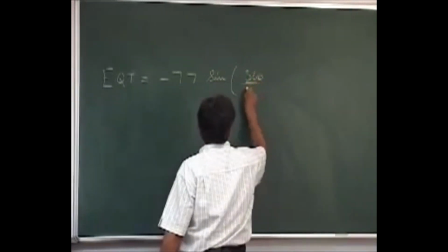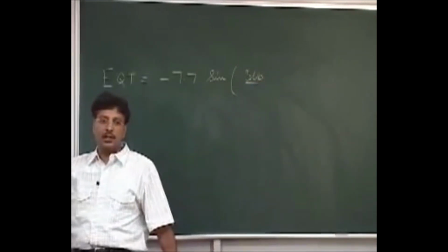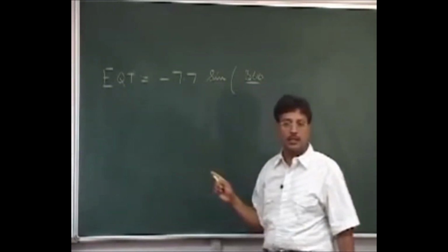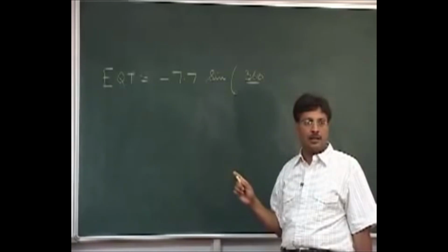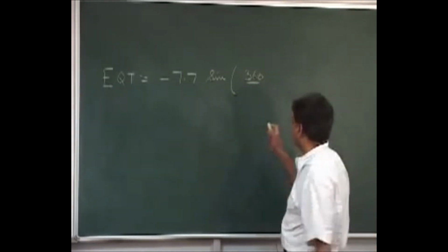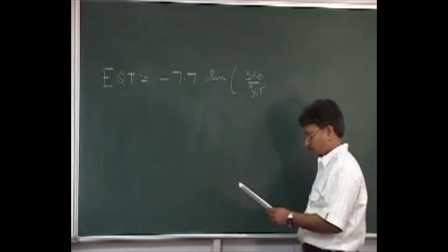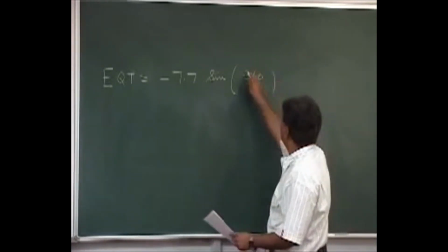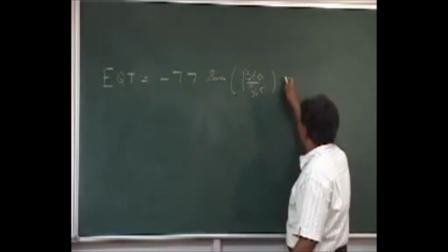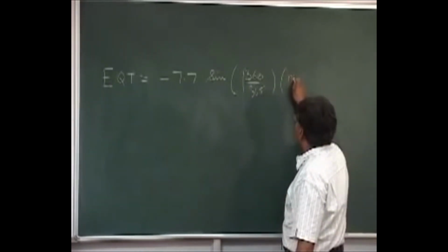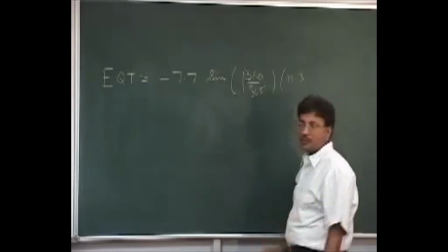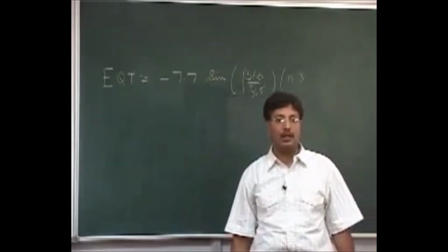360 over the number of days in the year, 365, times n minus 3. Can you tell me what small n will be?